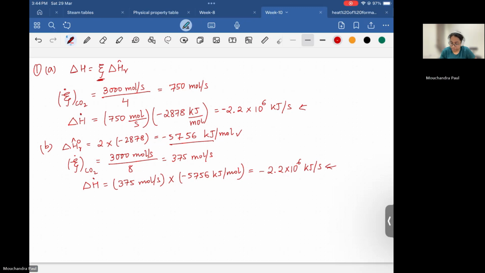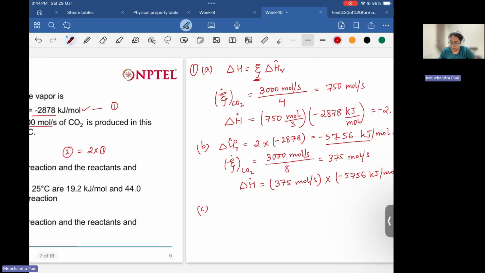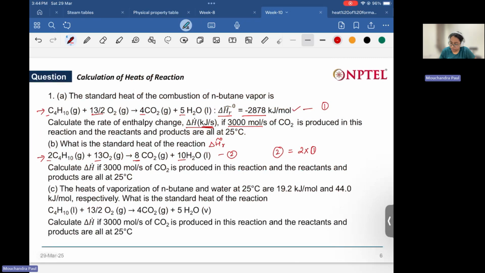Okay. Now part C. Here, the heats of vaporization of N-butane and water at 25 degrees Celsius are given as 19.2 kilojoule per mole and 44 kilojoule per mole respectively. So you have to calculate what is the standard heat of reaction for this particular chemical reaction.